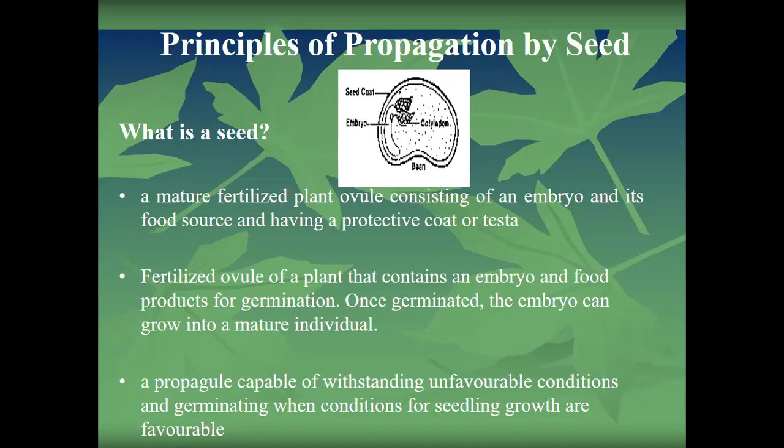And once germinated, the embryo can grow into a mature individual. And finally, a propagule capable of withstanding unfavorable conditions and germinating when conditions for seedling growth are favorable.